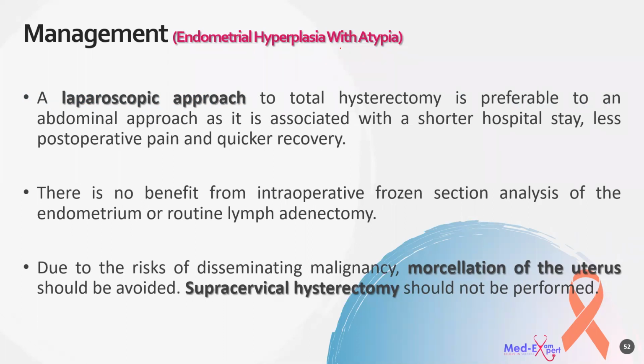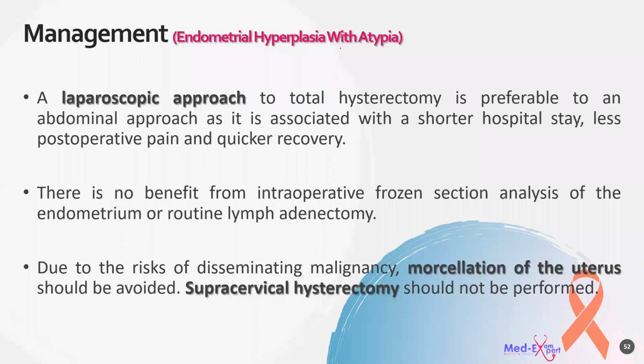Do you know the morcellation of the uterus? No, sir. Okay. When we do laparoscopic hysterectomy, how do we remove the uterus from the abdomen? Did you see a laparoscopic hysterectomy before? Yes, sir.